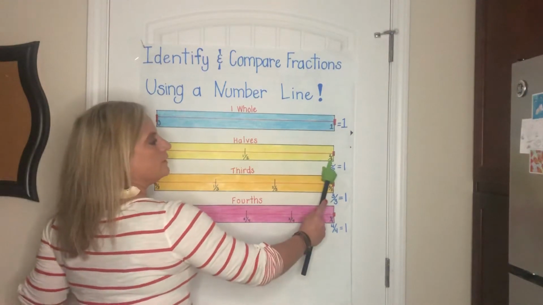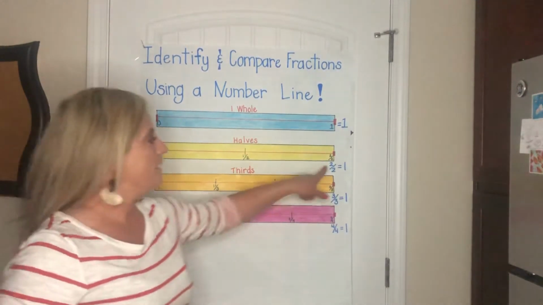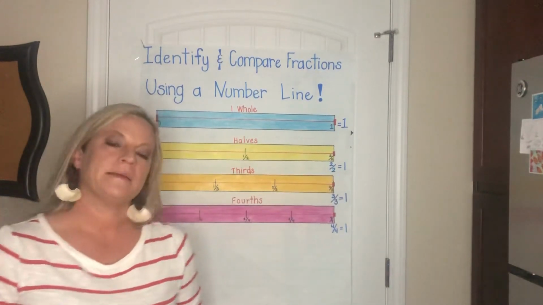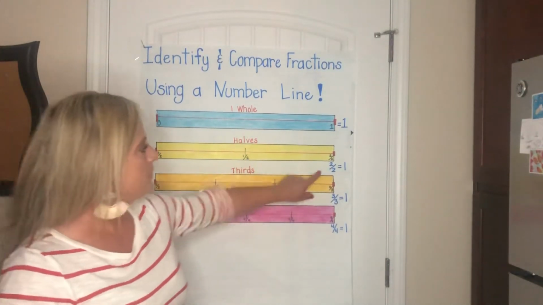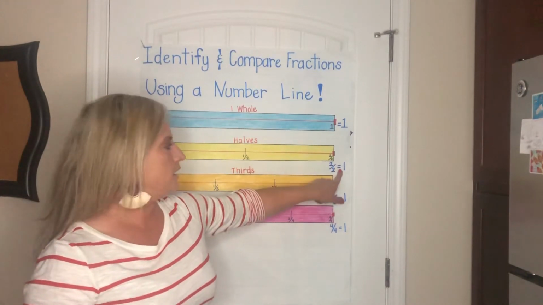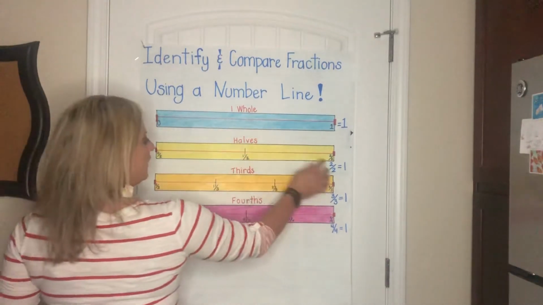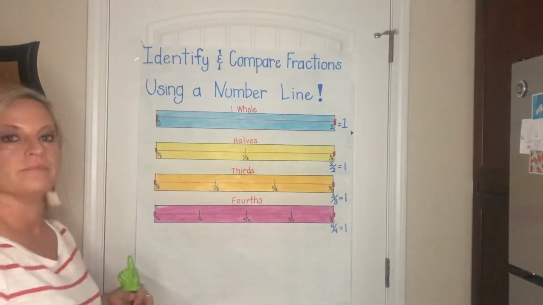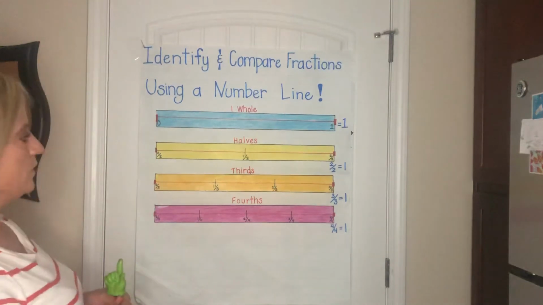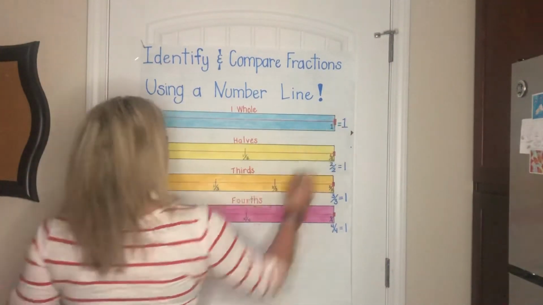And then over here, that's 2 halves, okay? And 2 over 2 is the same thing as one whole. Anytime you have the same number as your numerator and denominator, it's going to equal one whole. So we have 1 half and 1 half, which equals 2 halves, which also is equivalent to one whole. And you can see if you match it to that, it's the same thing.